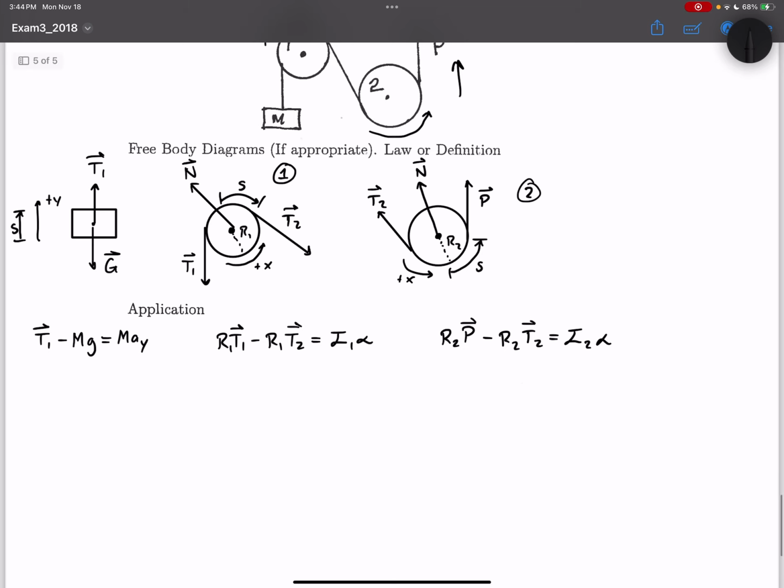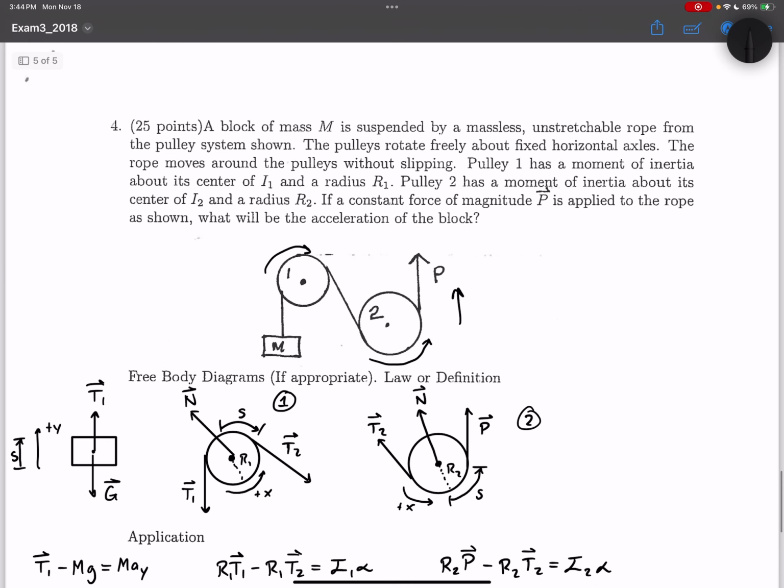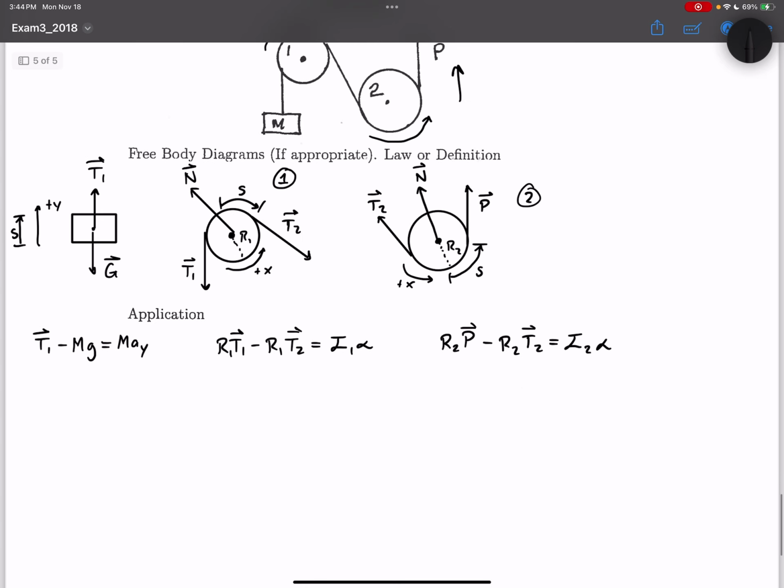Okay. So we are solving for the acceleration of the block, right? For pulley 1, we have that acceleration equals R1 times alpha. But since pulley 1 is rotating in the clockwise direction, it's going to be negative.